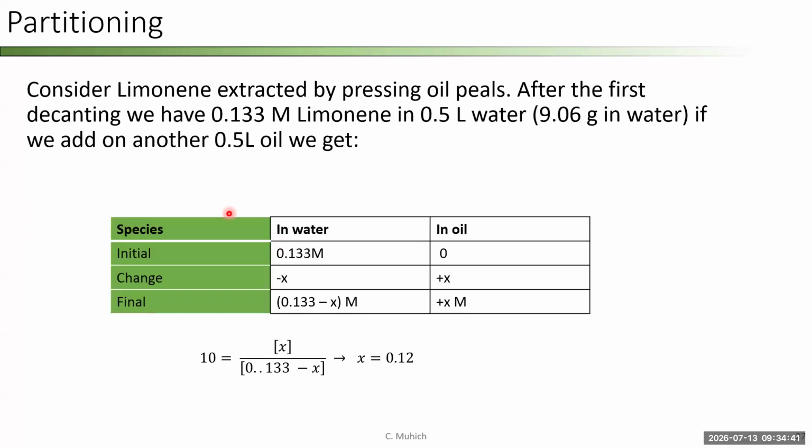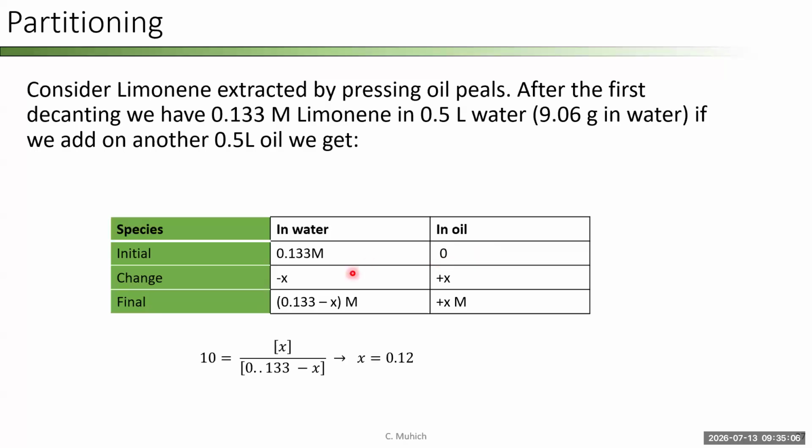So let's see what happens. Here was the initial set that we had before. In the water from our previous partitioning, we had 0.133 molar limonene in the water. And we have now brand new fresh oil, so there's none in the oil.